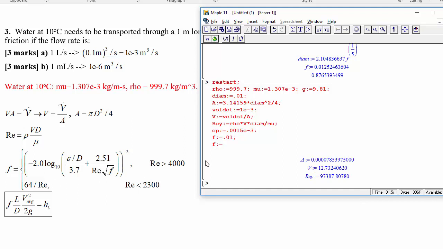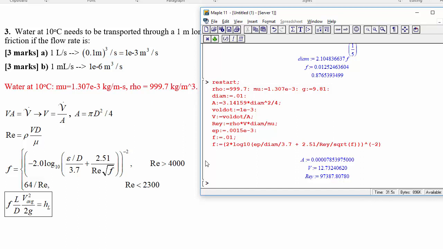So the next guess will be the whole thing to the power of -2. Since we're squaring it, we don't need to put the negative in front. Log 10 of epsilon over diameter over 3.7 plus 2.51 over the Reynolds number over the square root of f.